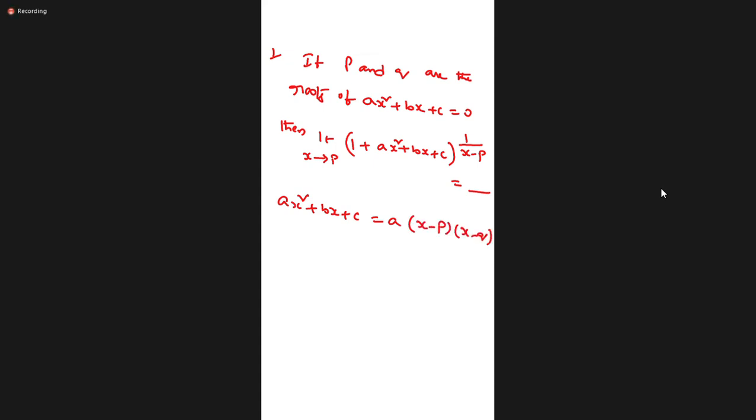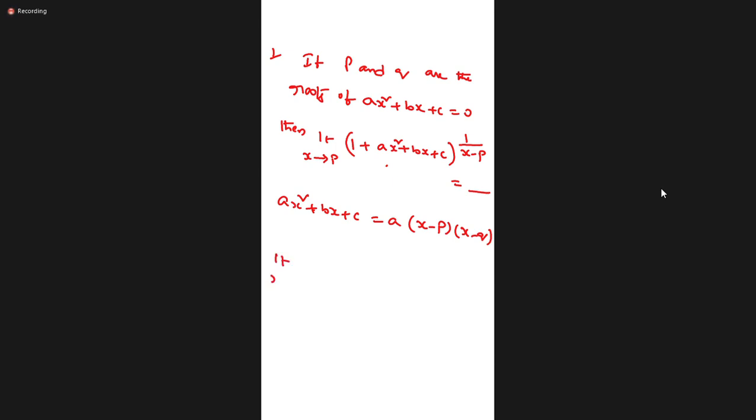Already last time in one case I explained, you maybe remember, you may not. So quadratic expression is given like this. With alpha beta means you have to write x minus alpha, x minus beta. That is how you have to write. So here see limit is clearly 1 power infinity form.